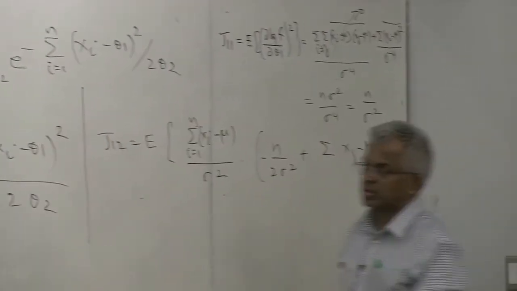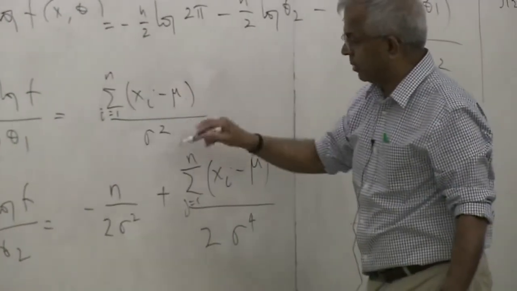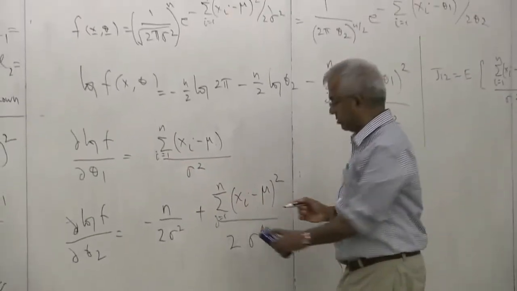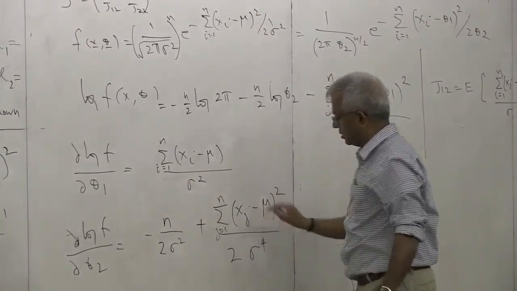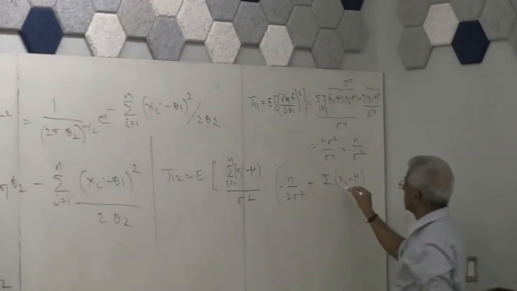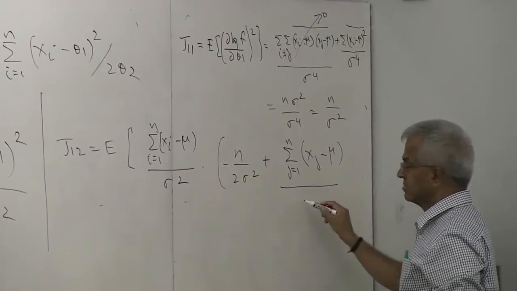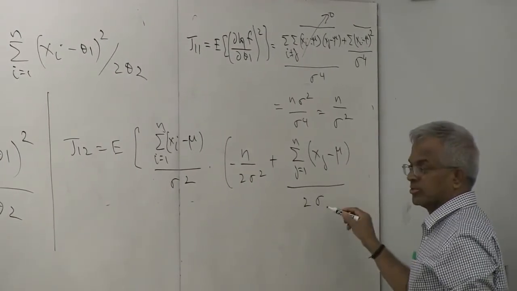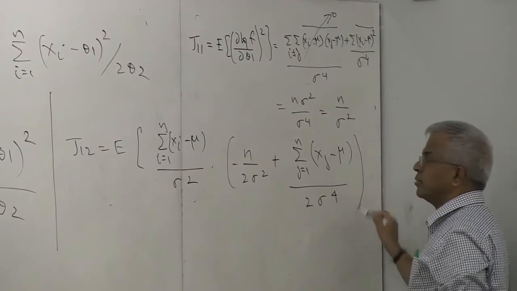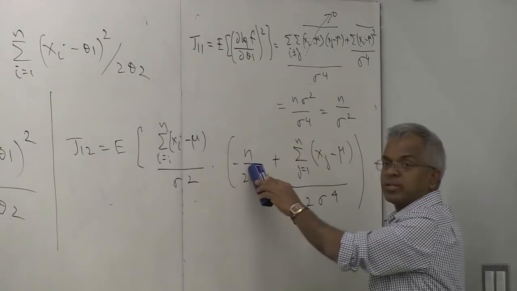I purposely use another variable, because this summation is a dummy variable, and if you are multiplying, you don't want to use the same variable, it will confuse you. So you see, this multiplied by this, what do you get?